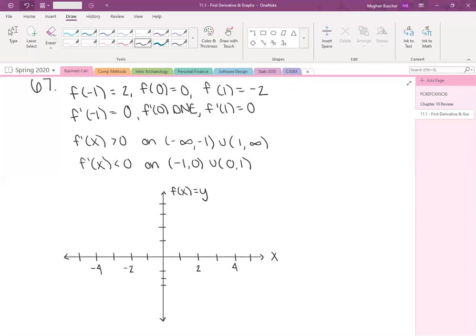Those are not evenly spaced. Okay, awesome. So this is kind of the building blocks for any type of these problems.